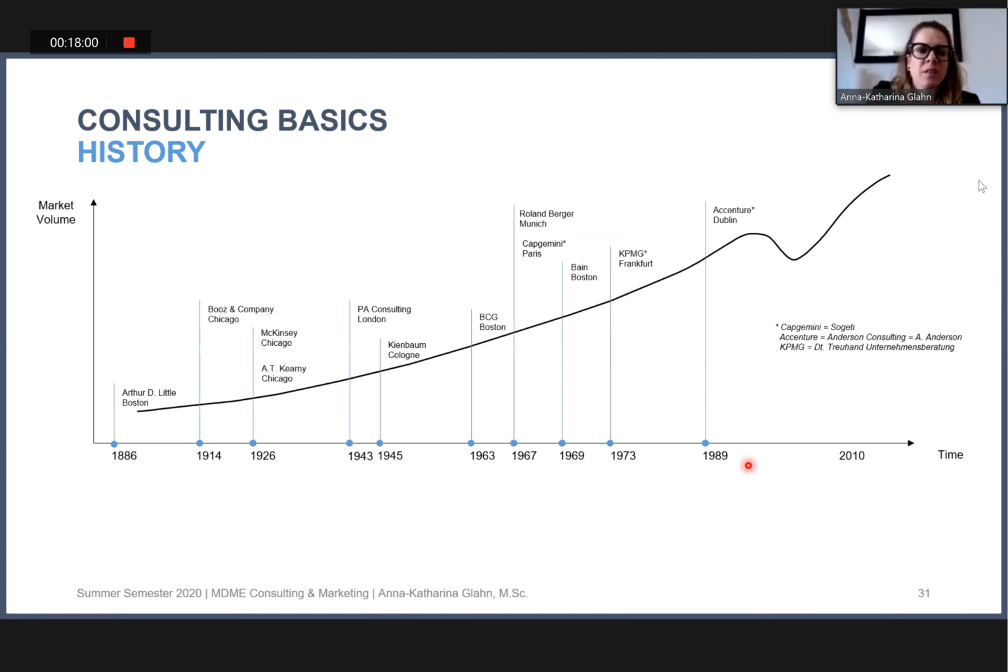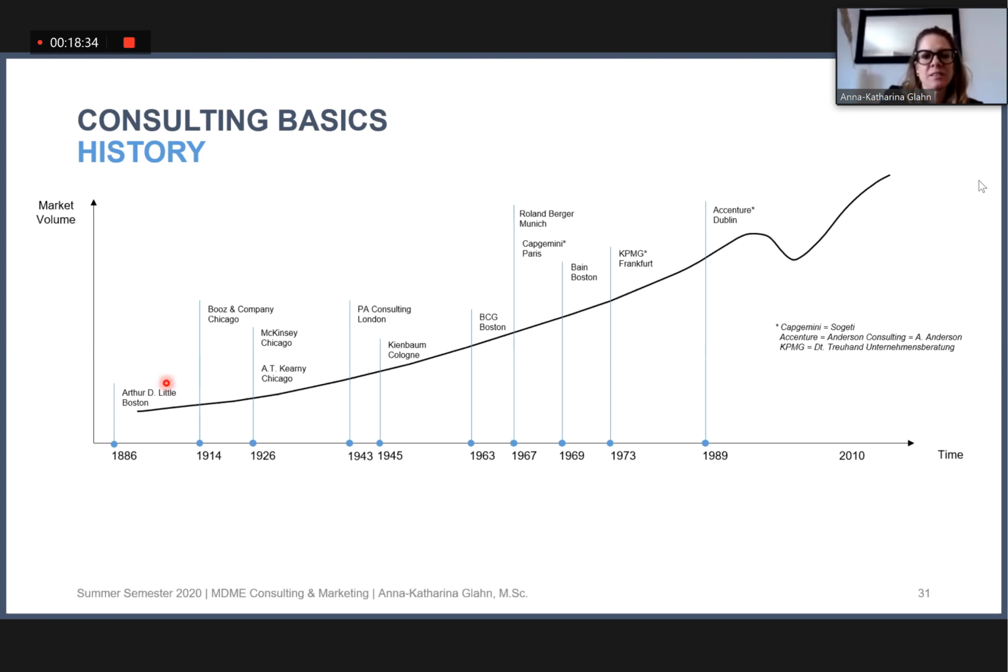But by the definition, Lippold says it like this. Okay, a bit of history. So I will not go through every year, but what's quite important. On this side, you see the market volume, and here the timeline. And consulting history starts in 1886. There was this Arthur D. Little consulting group founded in Boston, and they started the consulting phase and the consulting industry.